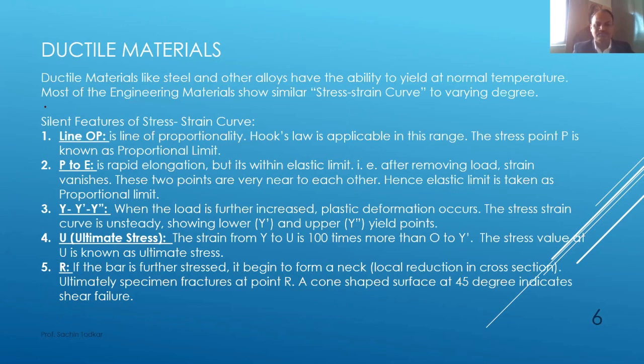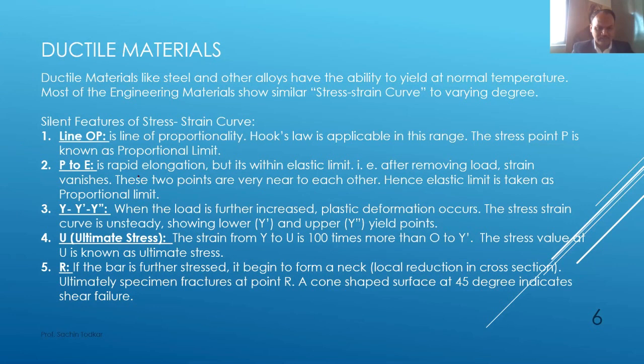What are the salient features of this? Line OP is the line of proportionality, and Hooke's law is applicable to this particular region. The stress at point P is known as the proportional limit. Normally, the proportional limit and elastic limit are very near to each other.